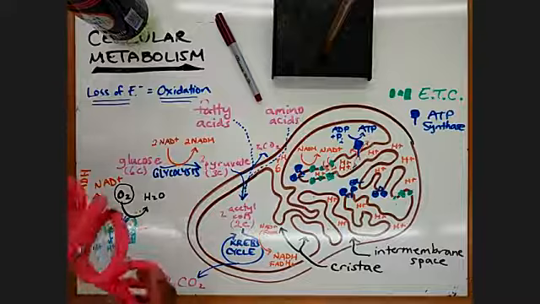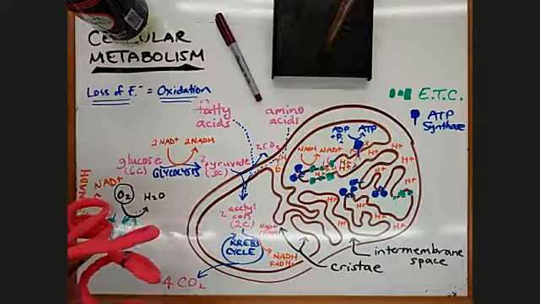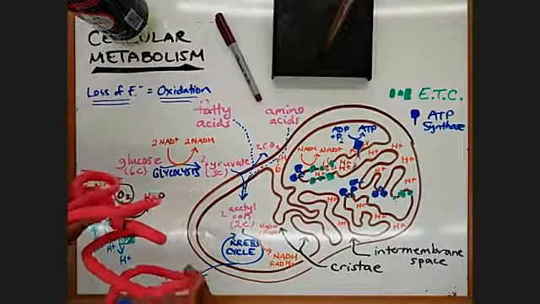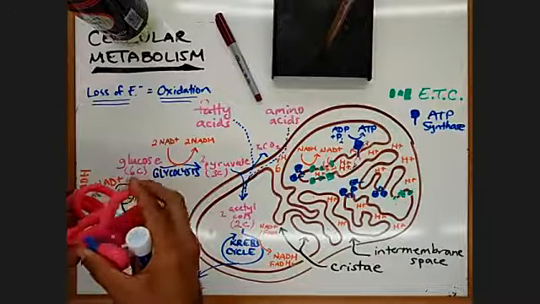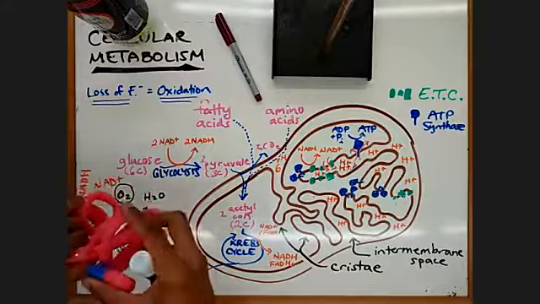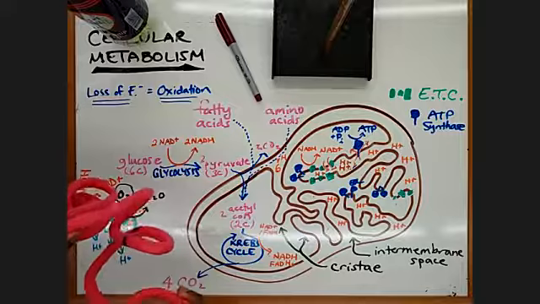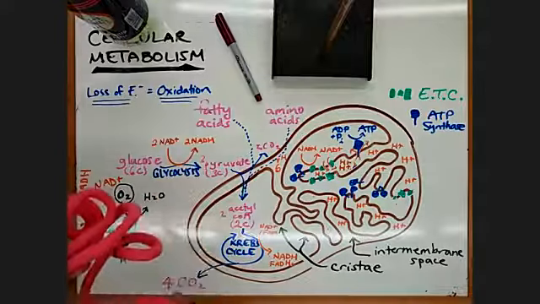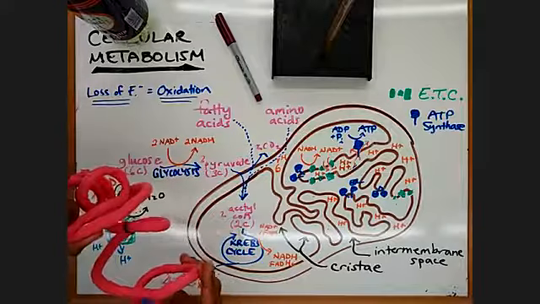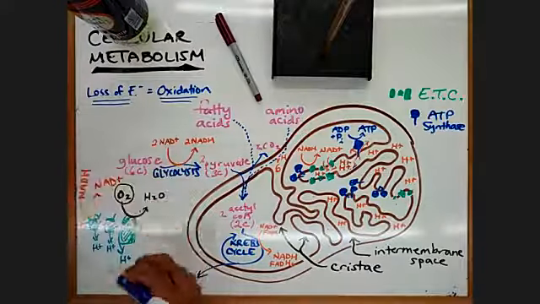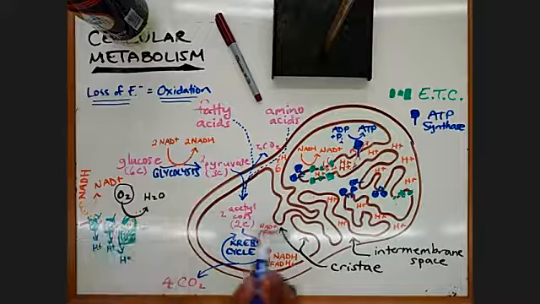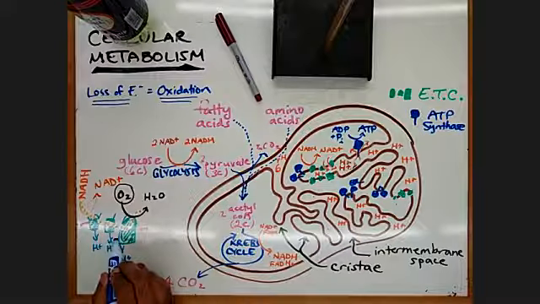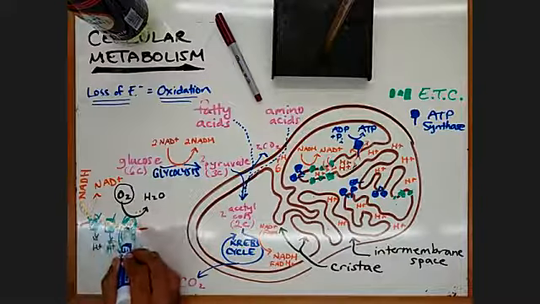Again, they go from a shape in the absence of an electron to one in the presence of an electron. Absence of an electron pair, presence of an electron pair. And as these proteins of the electron transport chain undergo the shape change, they pump protons into the intermembrane space. That's this process right here.